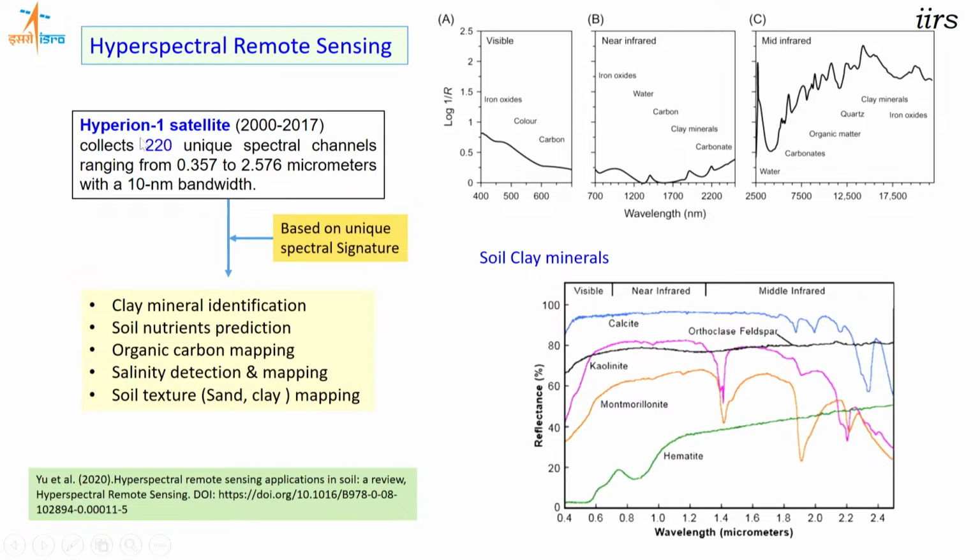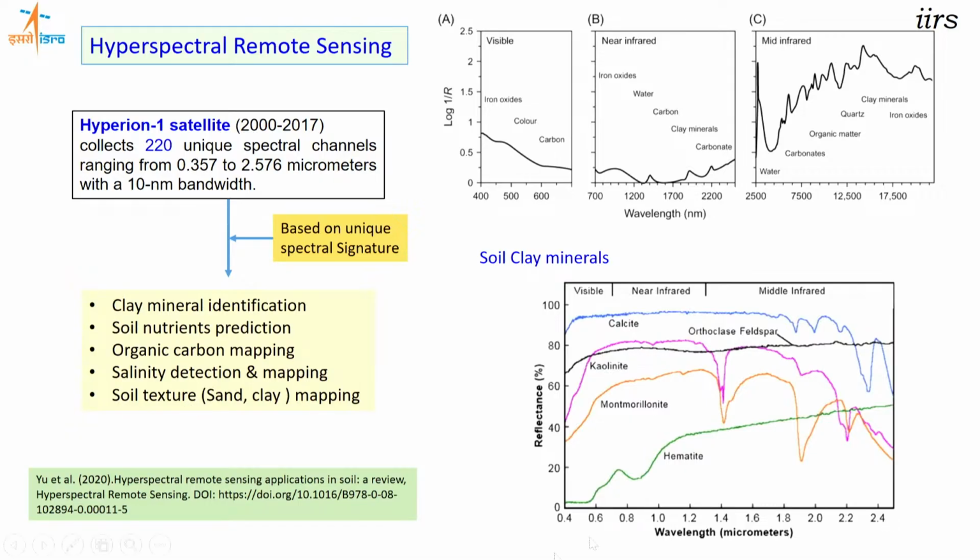The US has launched one satellite, Hyperion 1, that was having 220 spectral bands in this wavelength region. And we are able to generate a unique spectral signature. So we are able to map clay minerals, soil nutrient, organic carbon, salinity, soil texture, all these things very clearly.